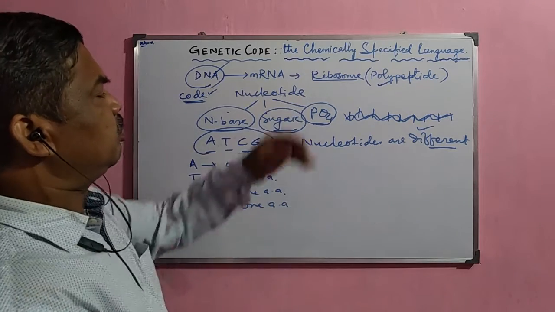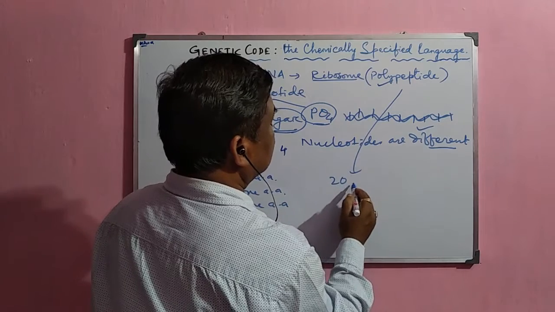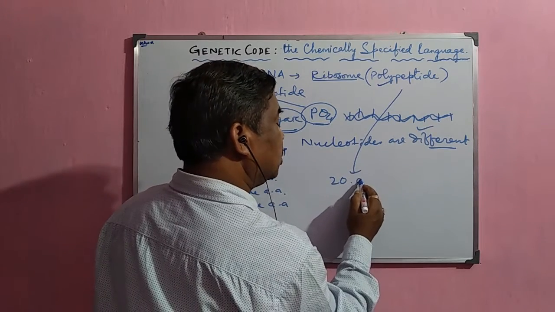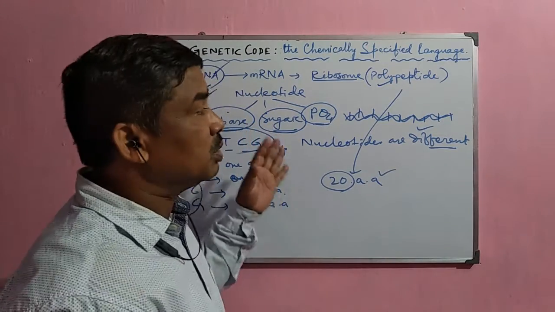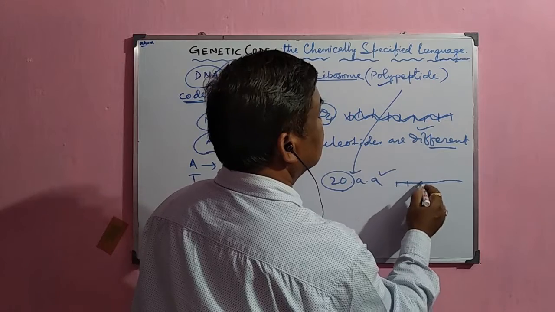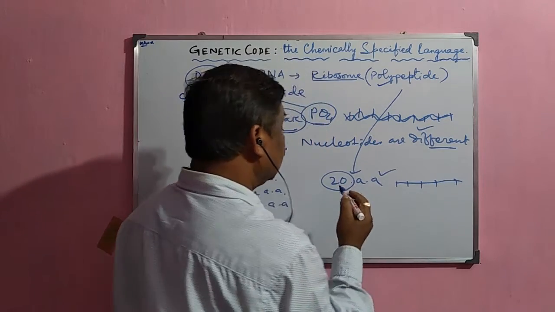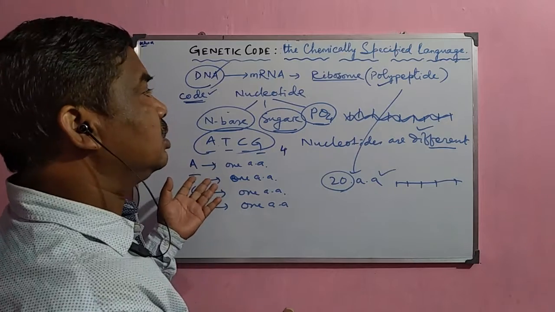But in the polypeptide chain, there are around 20 naturally occurring amino acids. If 20 different types of amino acids are present, how can these 20 amino acids be coded by these 4 nitrogenous bases?